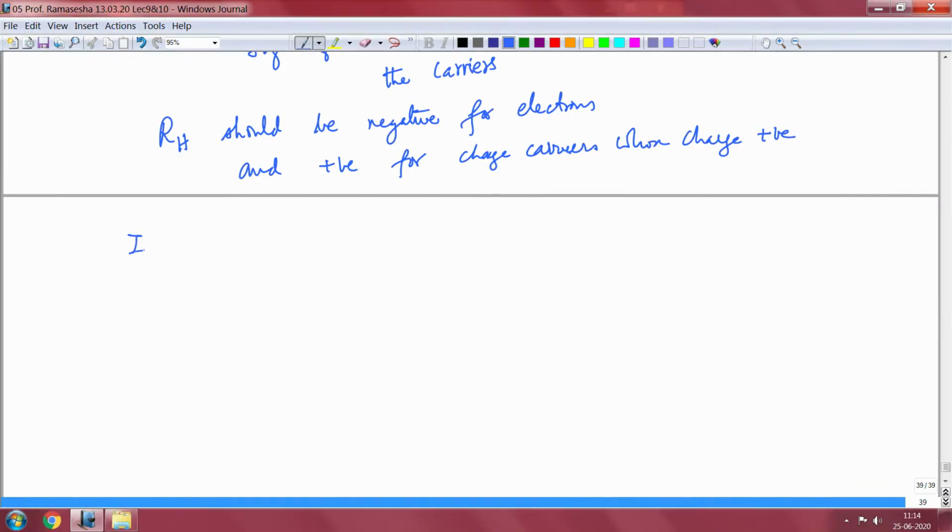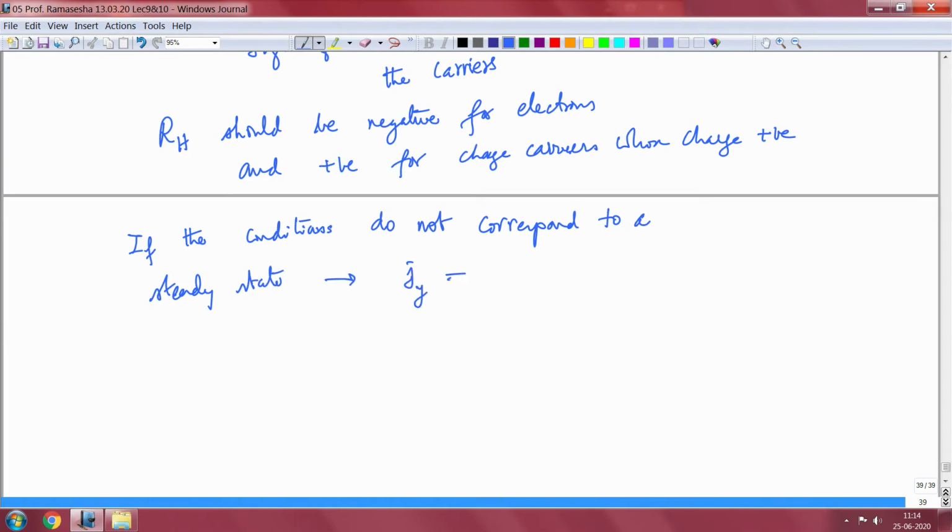And if the conditions do not correspond to a steady state, then we have Jy is non-zero.